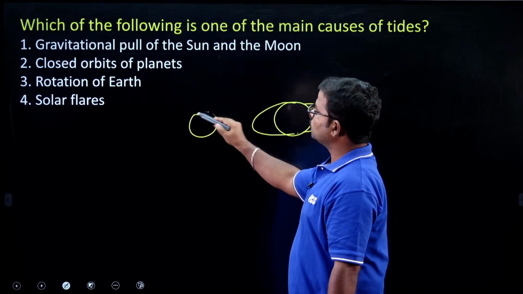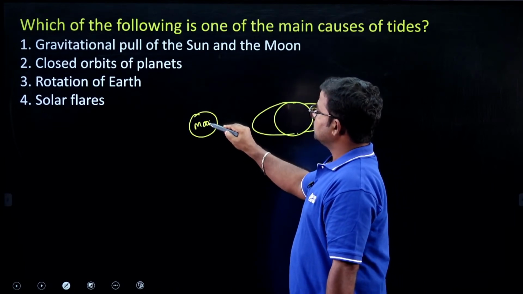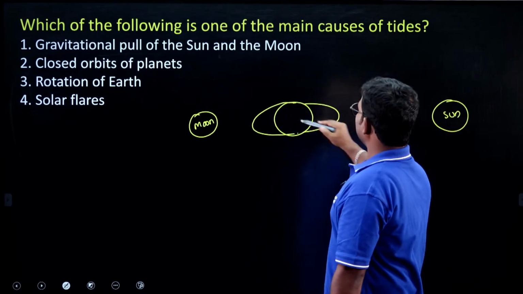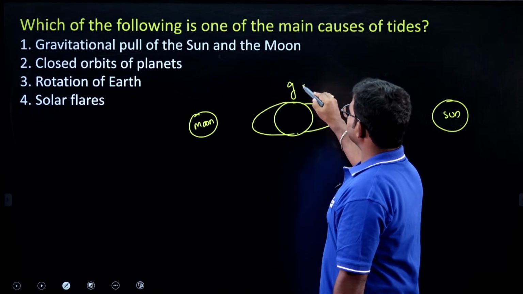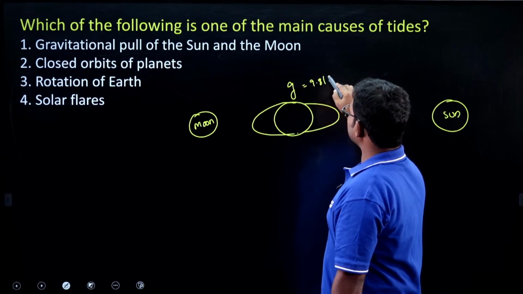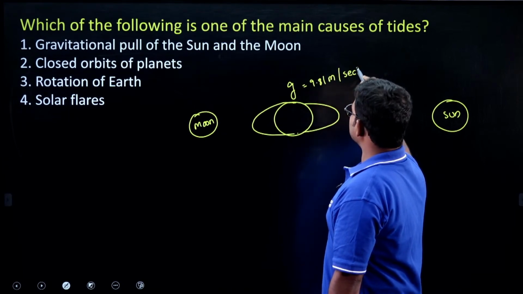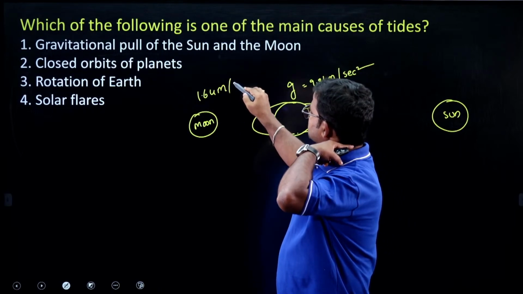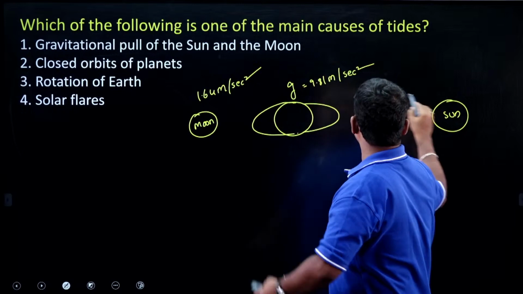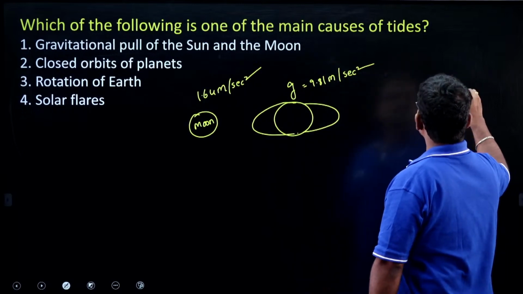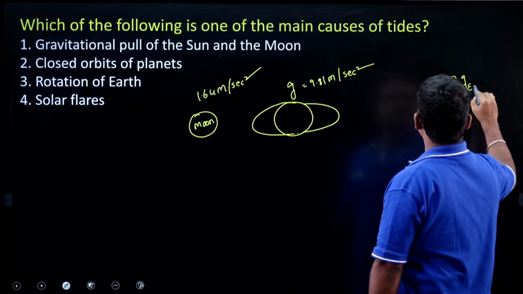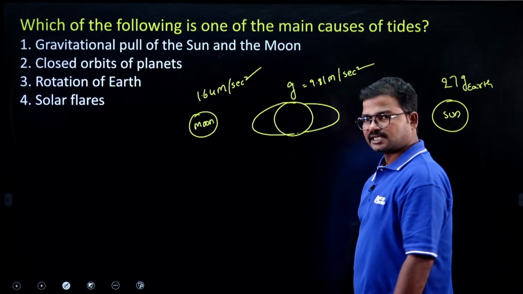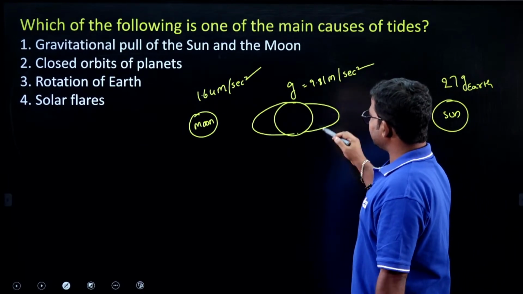Because here we have the moon, and here we have the sun. Earth's g value is 9.81 meters per second squared, and the moon's g value is 1.64 meters per second squared. And what about the sun? 27 times the Earth's g value. Because of the effect of the moon's and sun's gravity, we get high tides and low tides.